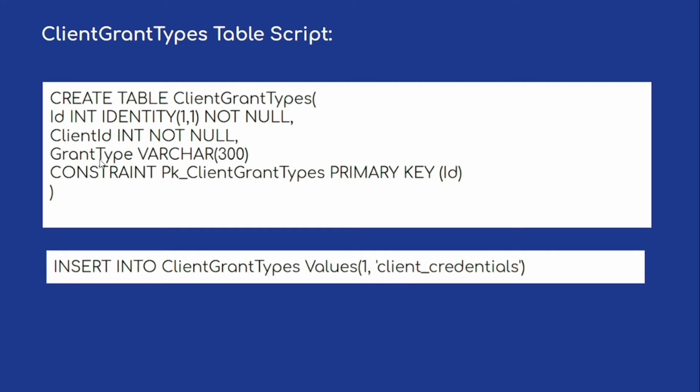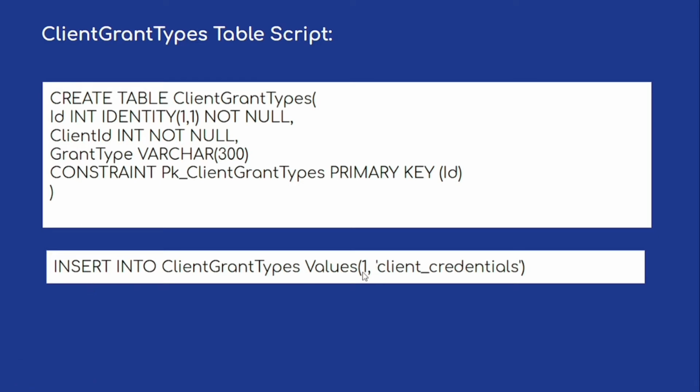And grant type, varchar. Here you need to specify the grant types. There are only five fixed grant types that a client can have at maximum. Exactly those constant names only we have to add, then only the framework can recognize them. You cannot add anything else. Okay, and some constraint. Here you can see some dummy data.